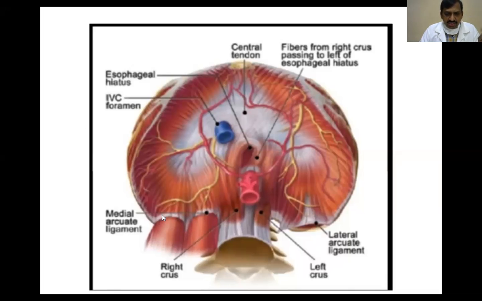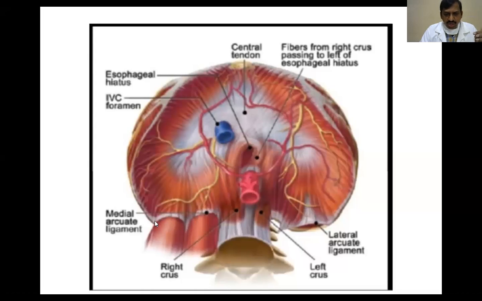Next, another one is the lateral arcuate ligament, also giving origin to the diaphragm. It is nothing but the fascia transversalis, that is the thoracoabdominal fascia, a thickening of the fascia which is covering the quadratus lumborum muscle. Here the medial end is attached to the tip of the transverse process of the L1 vertebra.